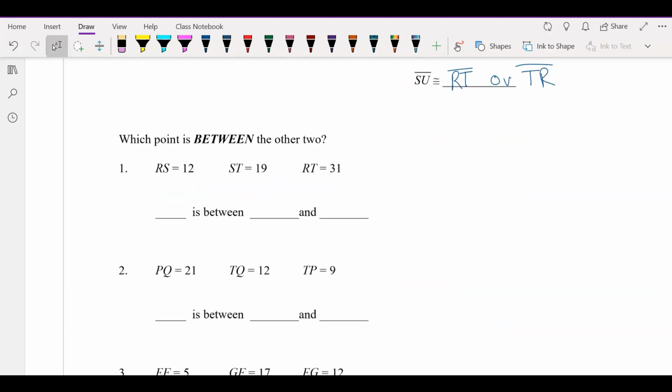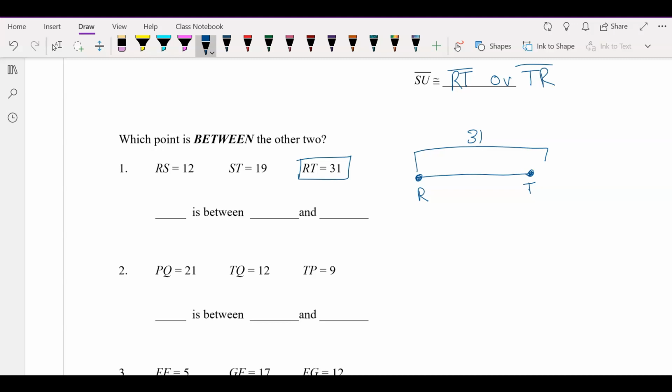Alrighty, over here we're going to do a couple examples about betweenness. So looking at these, we have RS equals 12, ST equals 19, and RT equals 31. This is the longest. So I know that if I draw a segment here, we got our 2 points, we'll have an R and a T. This distance says that it's 31.